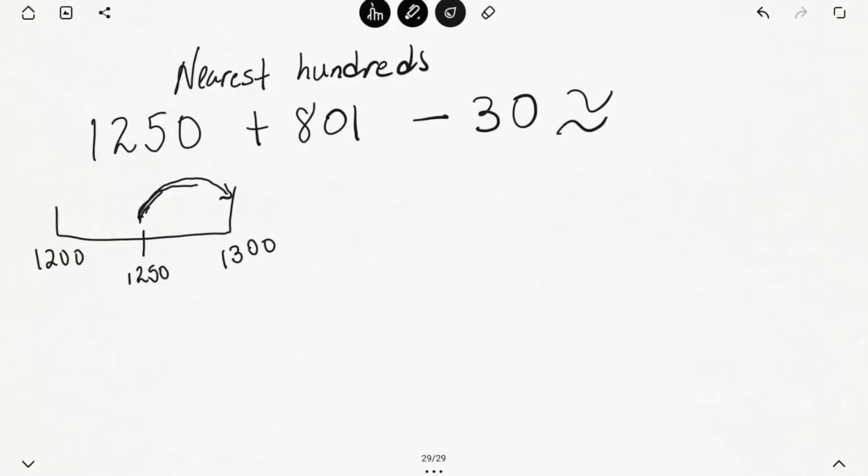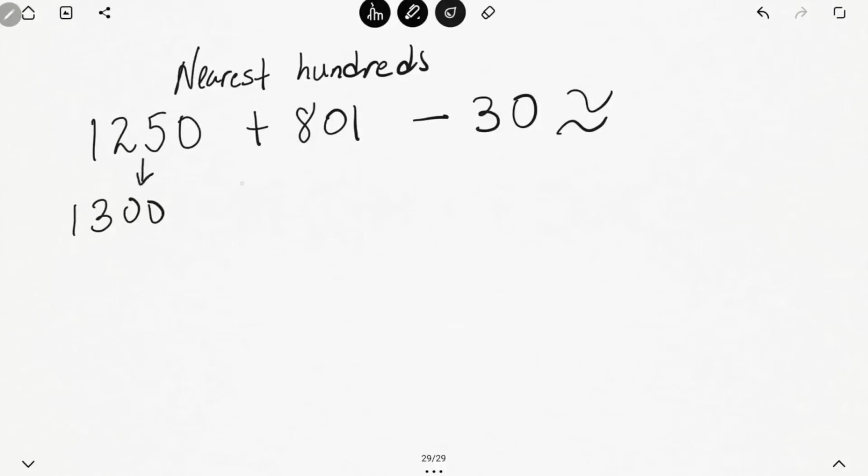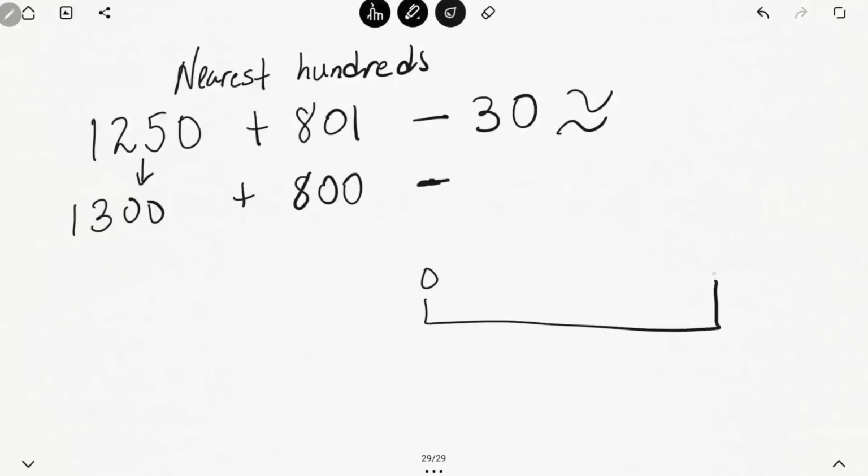Okay, so let's round it up. So we round this up to 1300. All right, 801. What do we round it to? 800. 30. All right, 30 is between 0 and 100. Between 0 and 100, the halfway point is 50. Anything 50 and above, we'd round up to 100. Anything below 50, we'd round down to 0.